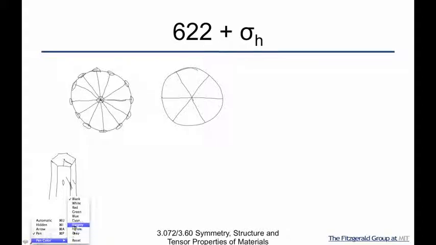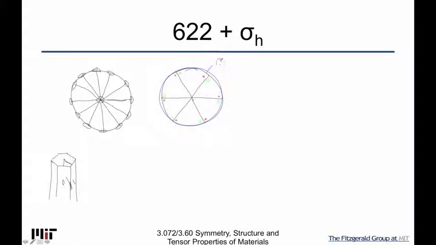So the 622: every 60 degrees, I have the same motif. And so that's a normal 622, everything you're seeing right there. But now we're going to add our horizontal mirror plane.